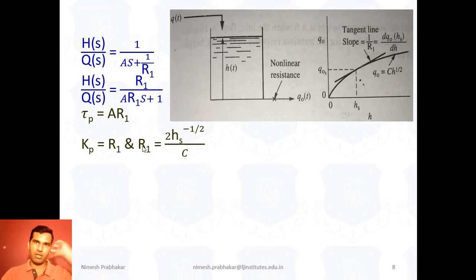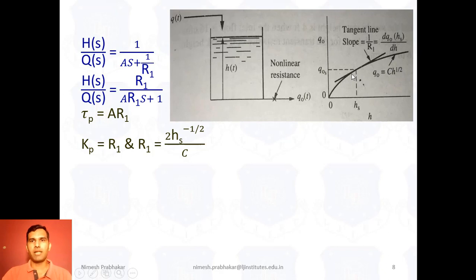Now the graphical representation. Here we show that a non-linear resistance is present. So this is a non-linear relation between H and Q0. So this graph is non-linear. This Q0 is equal to C H raised to 1 by 2.